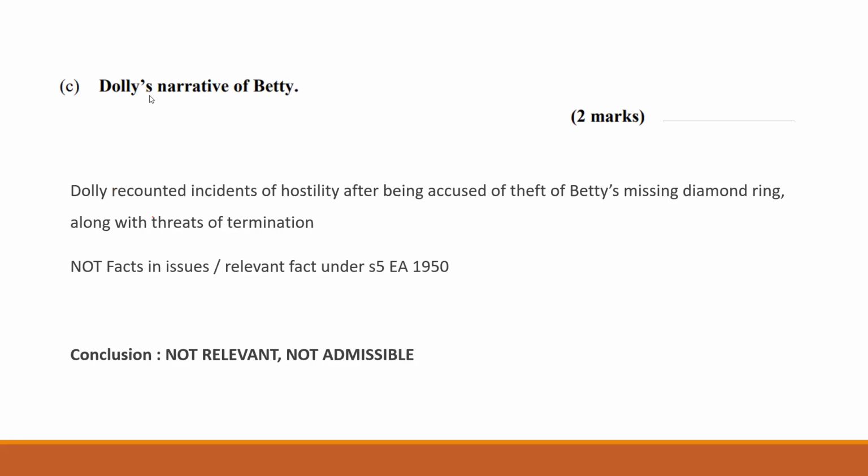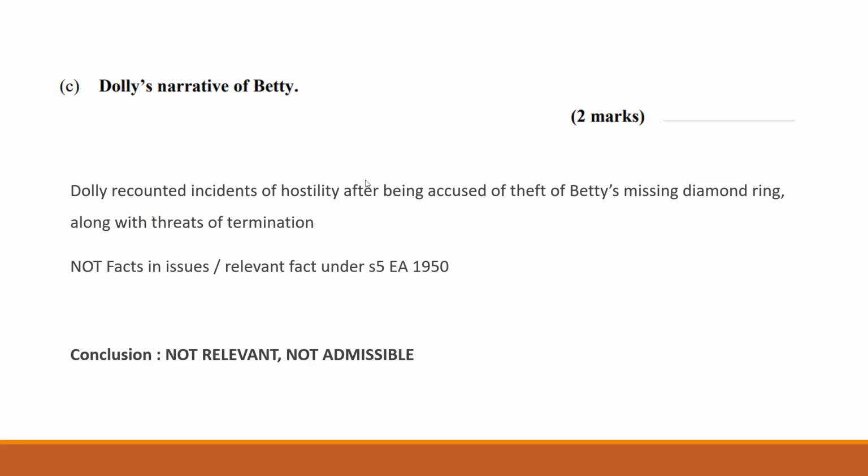So Dolly the maid's narrative of Betty. The language they use is a bit hi-fi. They use narrative instead of description. So Dolly recounted incidents of hostility after being accused of theft of Betty's missing diamond ring, along with threats of termination.